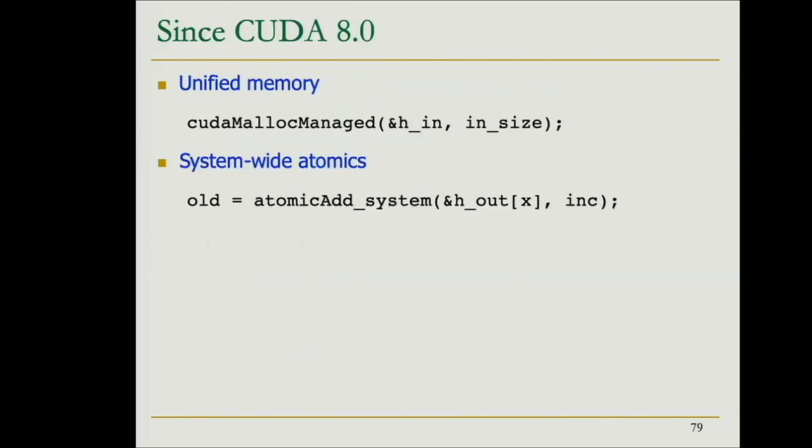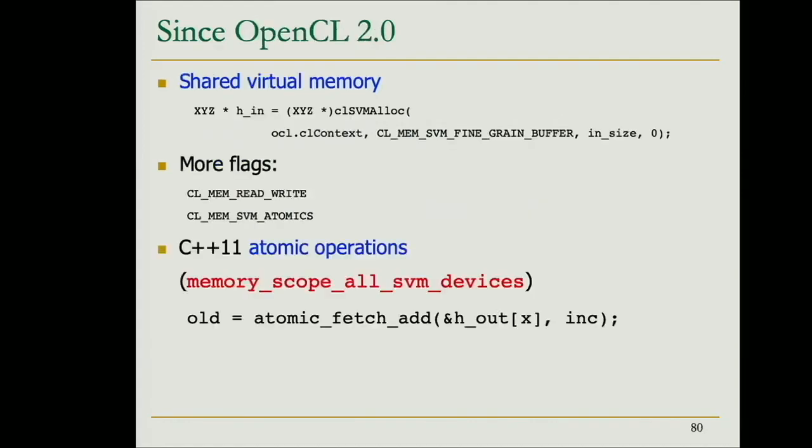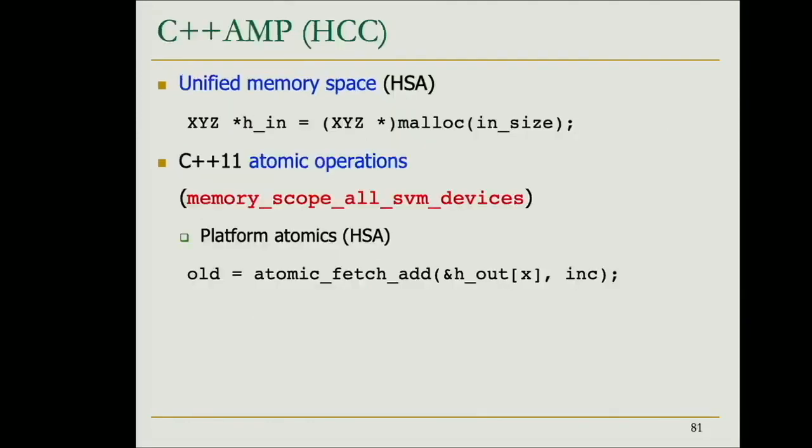That's why it's different from the atomic add that we have seen before for the shared memory, which has the same syntax for the global memory. This is in OpenCL 2.0, or since OpenCL 2.0, and this is C++ AMP, which is a related thing. I don't know if you have heard about this. It's a kind of high-level C++ programming model. In the end, it typically compiles to OpenCL, and from there to the actual assembly code.